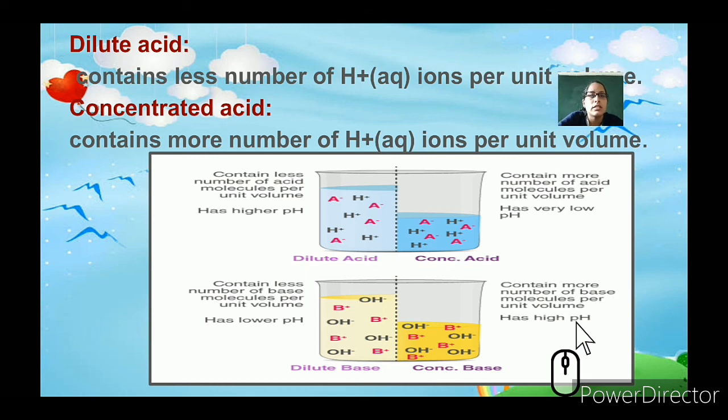So let's understand dilute acids and concentrated acids. We always look at the number of hydrogen ions per unit volume.